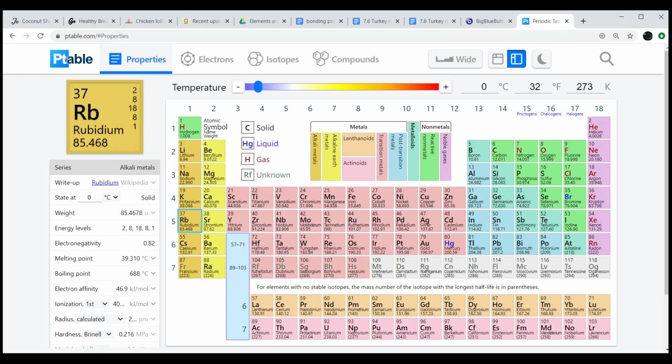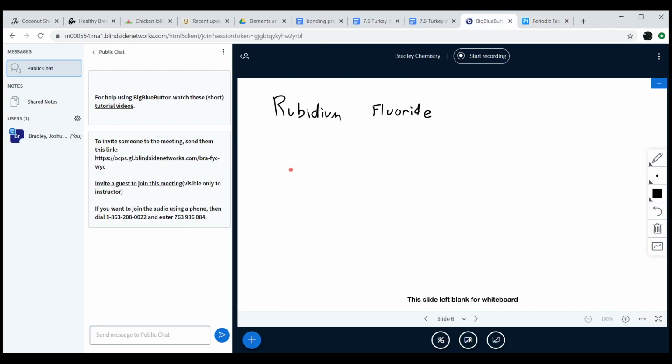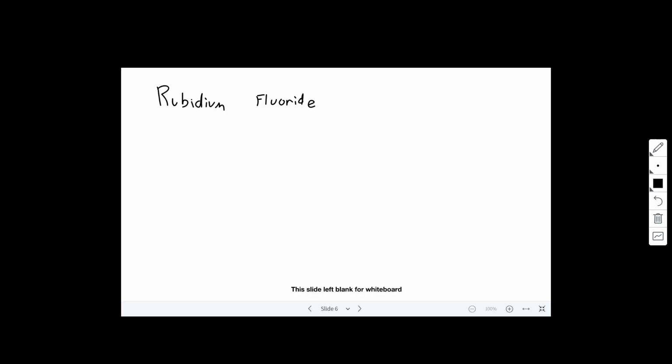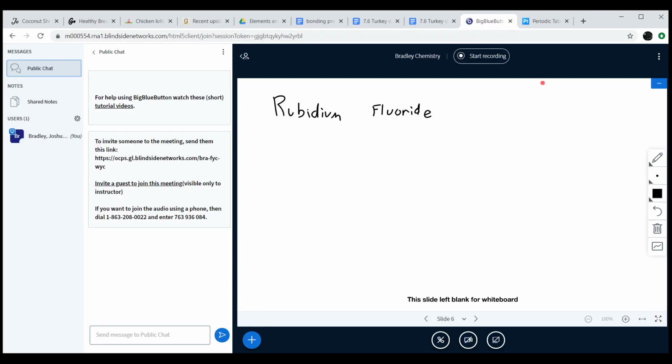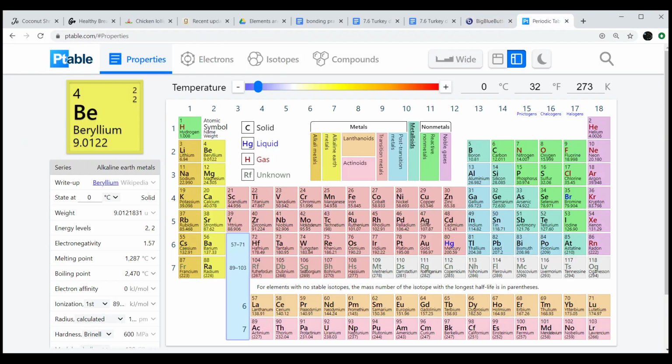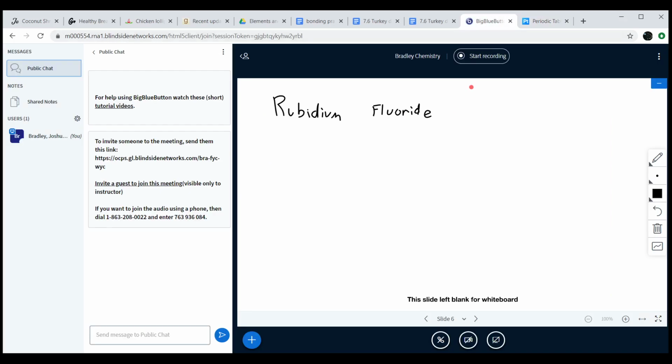So since rubidium's in the first column, we're going to put +1. And let's also find fluoride here. And look, it's right there. And fluoride is in column 1, 2, 3, 4, 5, 6, 7.